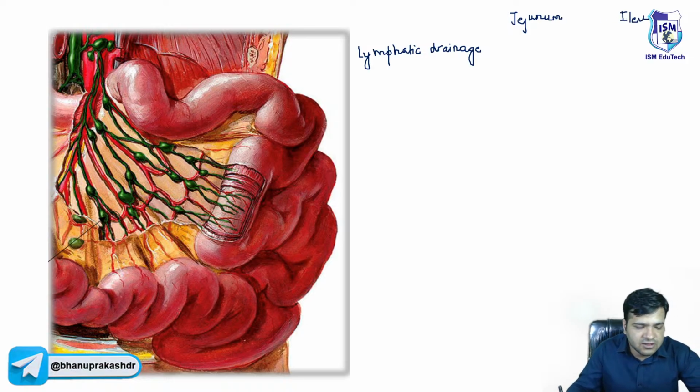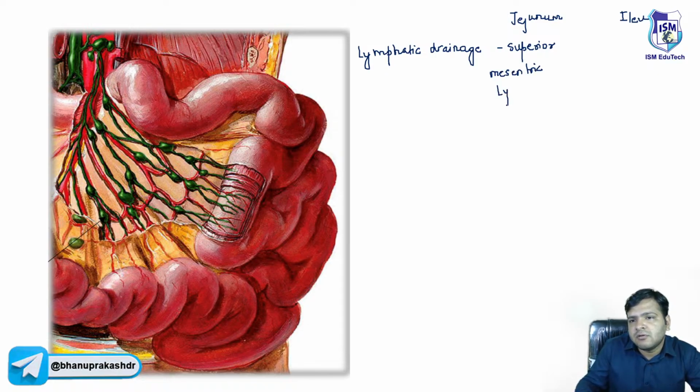In the case of the jejunum, beta, it is the superior mesenteric lymph nodes.